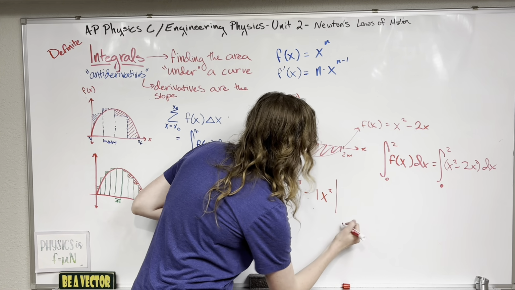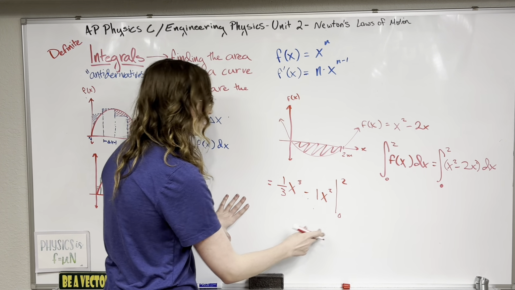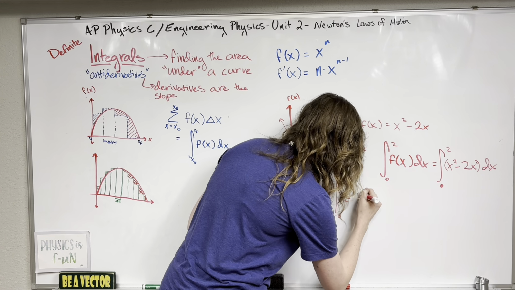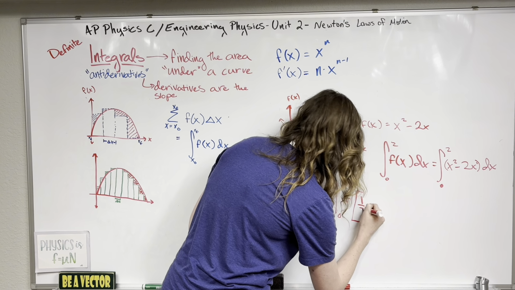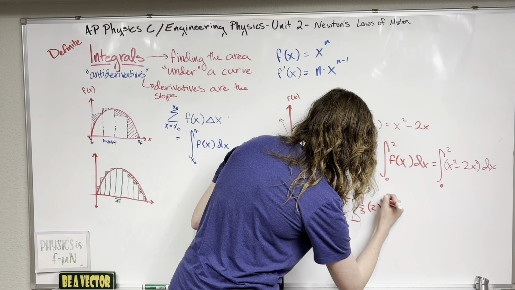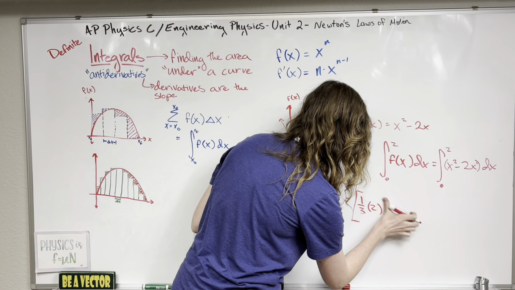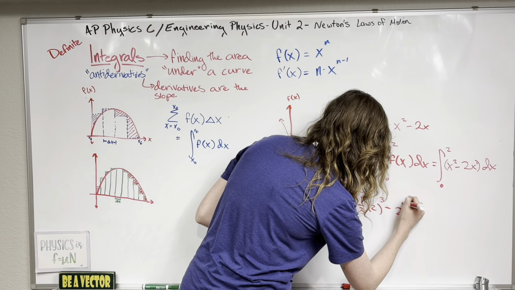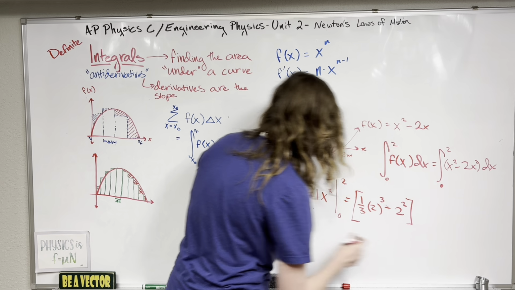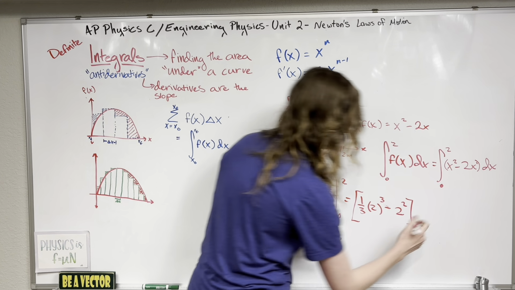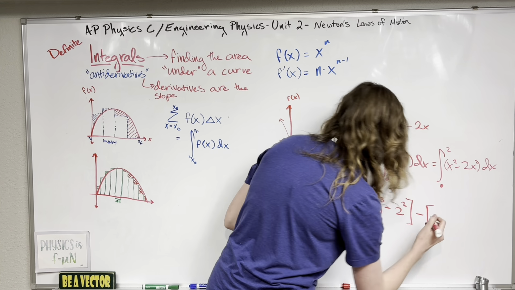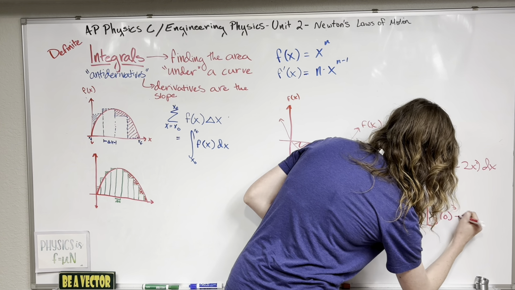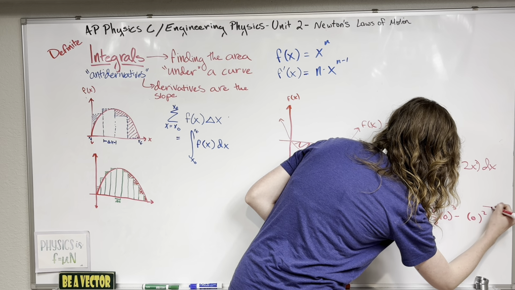And then we're evaluating this from 0 to 2, so we're just going to plug in 0 and 2 for x. So I have 1/3 times 2 cubed minus 2 squared, and then I'm going to evaluate this at x equals 0 and subtract it, so minus 1/3 times 0 cubed minus 0 squared.